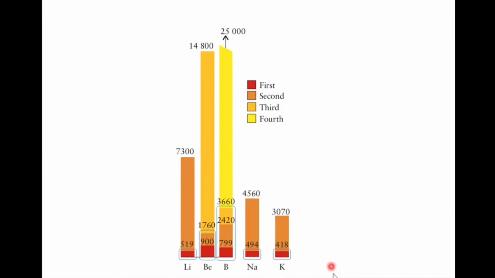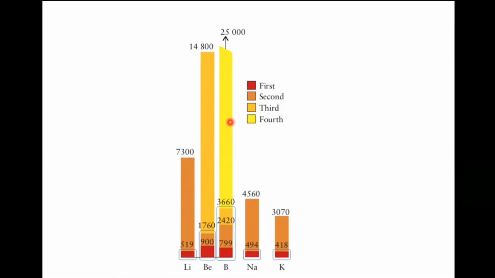You can see that first ionization energy is small, second is high, third is higher, and fourth is the highest, as the number of electrons removed increases, the hold of the nucleus on the electrons becomes more and more, and it is difficult to remove the next electrons, so the ionization energy value increases. And this graph shows the trend, and it follows the general trend that I3 is greater than I2 and I2 is greater than I1.